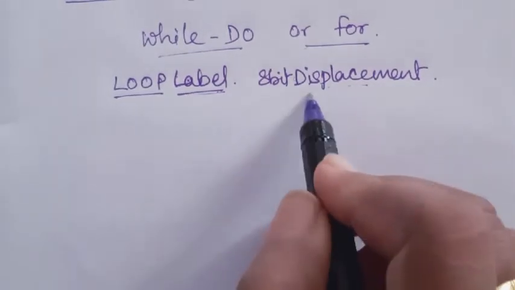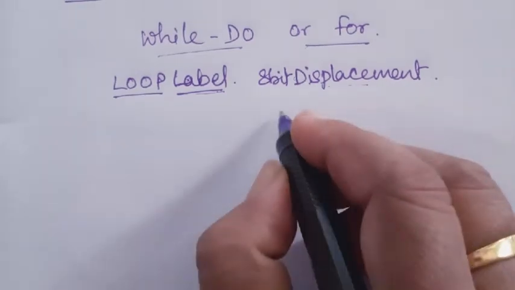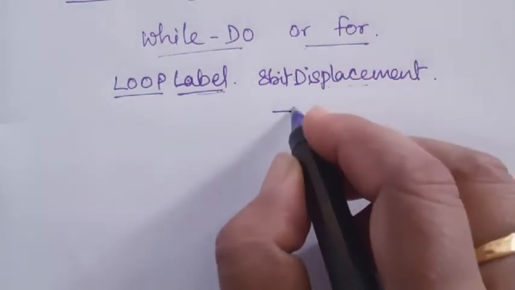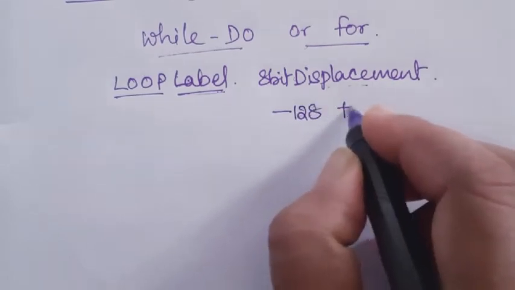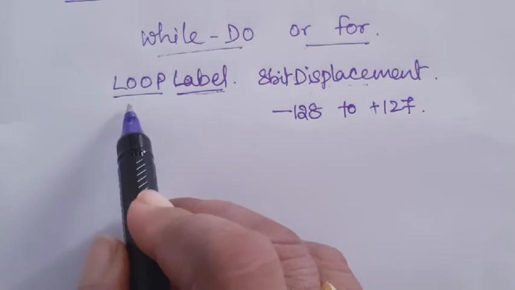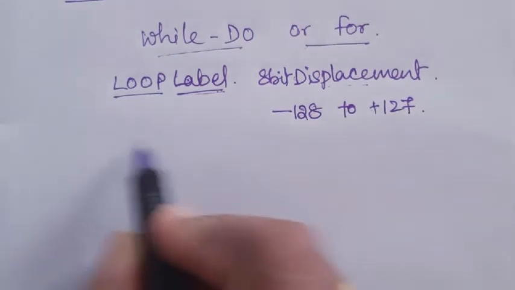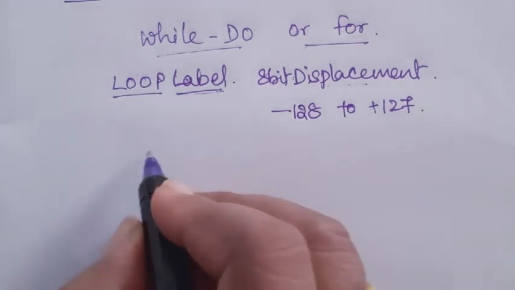The displacement can be minus 128 to plus 127 bytes from the location next to the loop instruction.